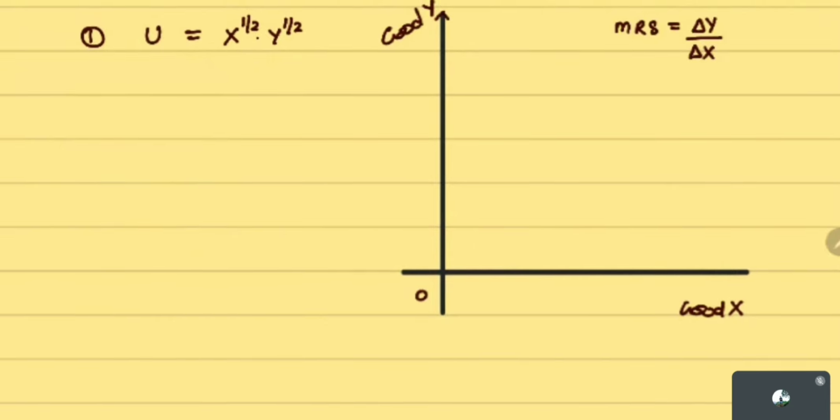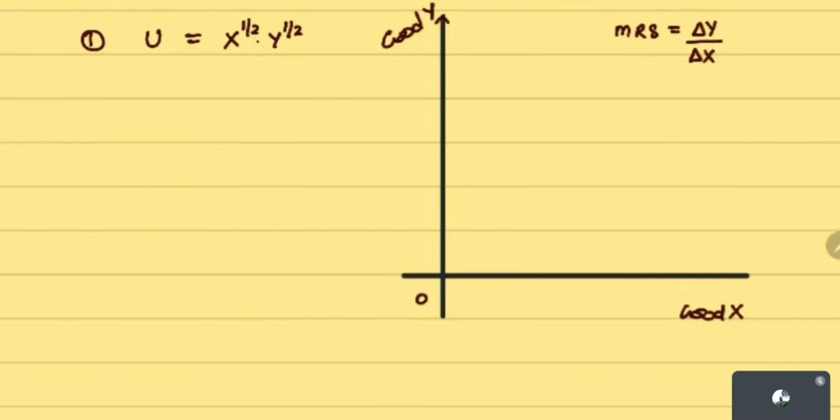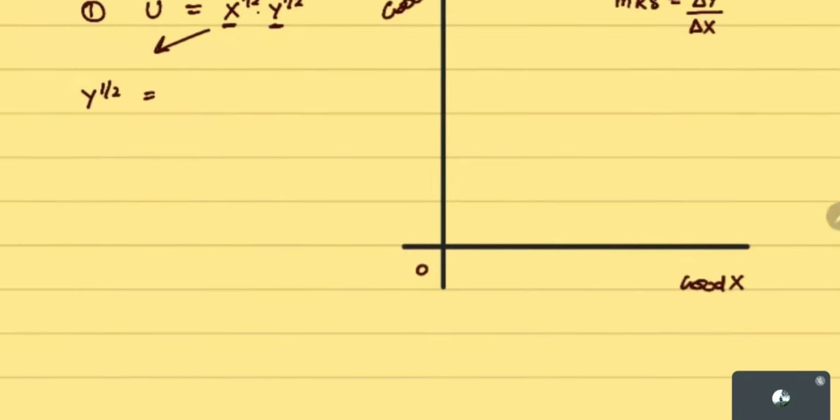So you have to derive this equation in terms of Y, because Y is the dependent variable while X is the independent variable. So we have to convert this equation in terms of Y. Y to the power half is multiplied, so this will come into the denominator on this side. You will get U divided by X to the power half.